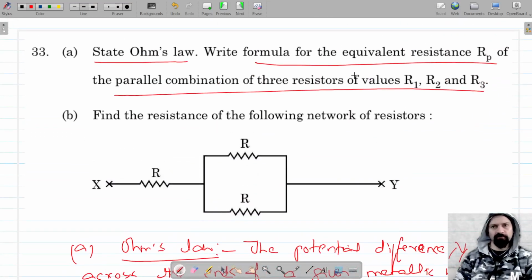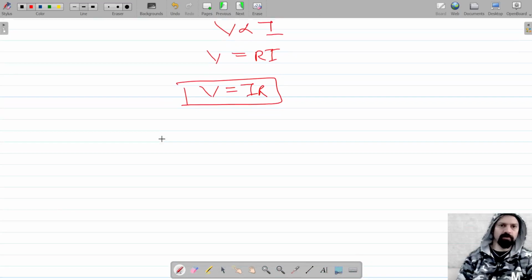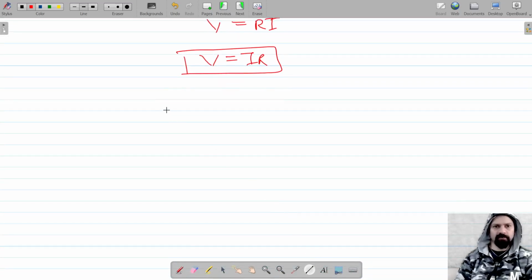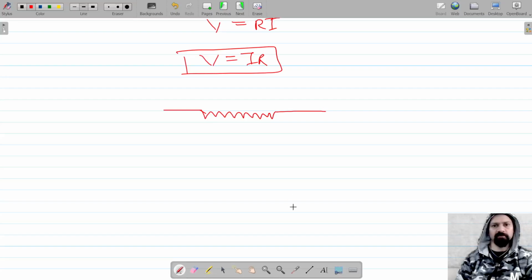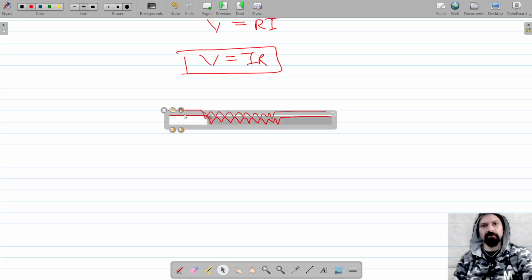Okay, now we have to write the formula for the equivalent resistance RP of the parallel combination. So what is a parallel combination of resistors? A parallel combination of resistors is when one end of all resistors is connected to one end of the battery, and the other end of all resistors is connected to the other end of the battery.